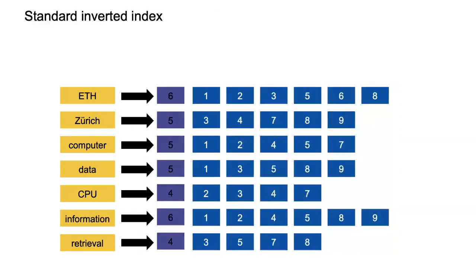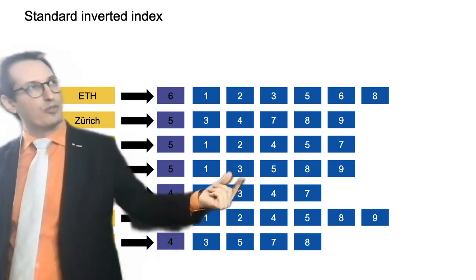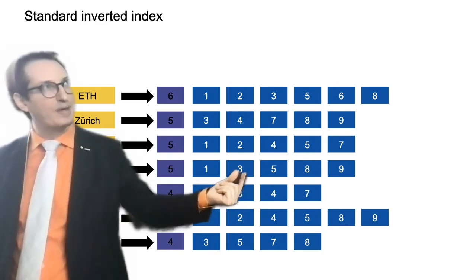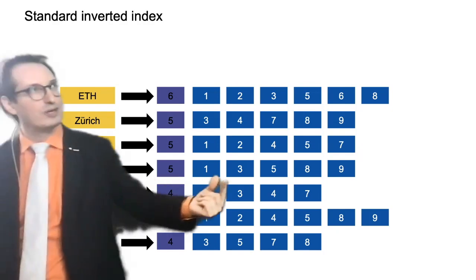Now, if you look at it from a logical perspective, I'm going to show you something that I have told you many times, including at the beginning of the lecture today: this here, for example, 3, is a posting. It's not just document 3, it's the pair of document 3 and data. It's technically data 3, right?